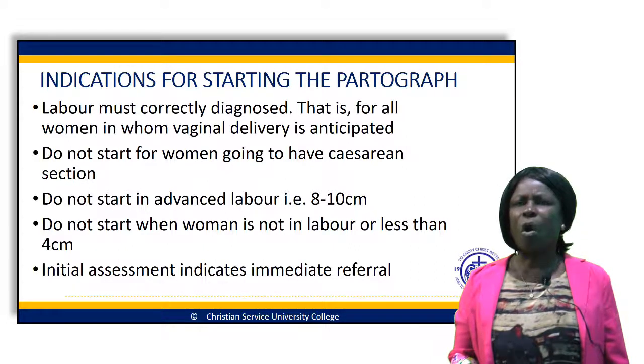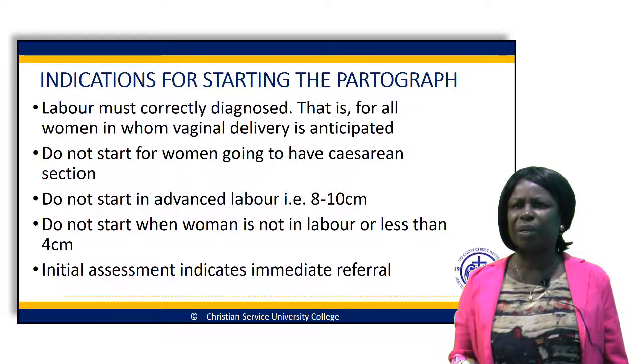That is, for all women in whom vaginal delivery is anticipated. Do not start for women going to have cesarean section. Do not start in advanced labor, that is 8 to 10 centimeters. Do not start when woman is not in labor or less than 4 centimeters.